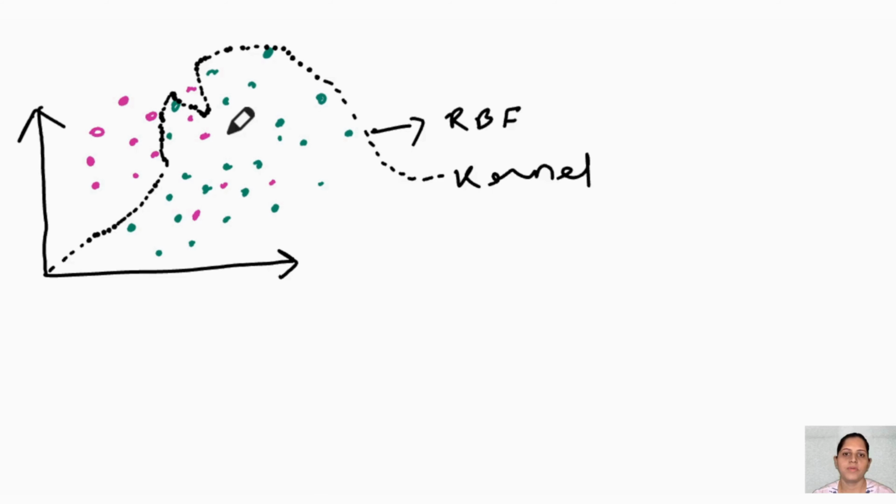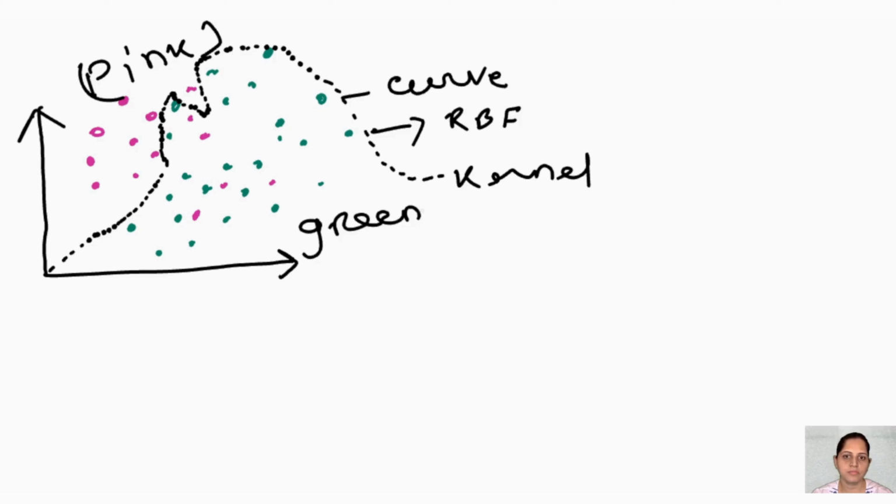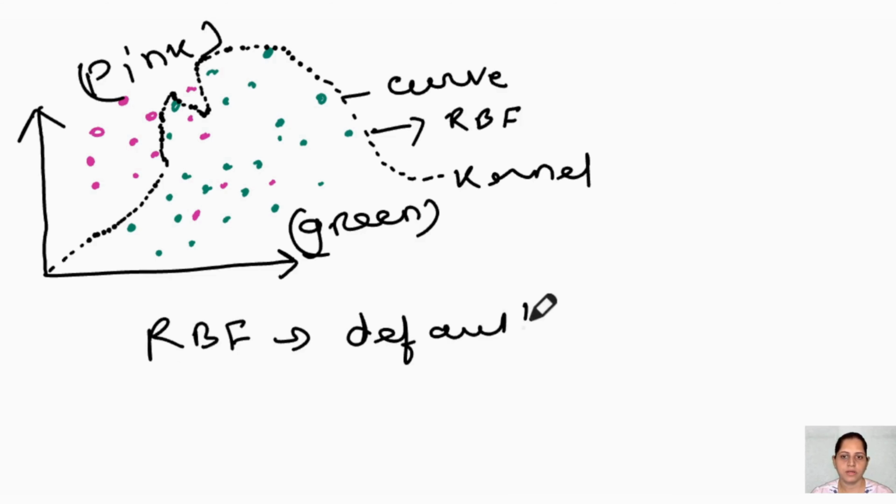With this, you can see the curve which I am getting is smoother, and this separates my two classes, right? This is my pink class, pink points, and this is my green class. So this is how I am able to get my RBF kernel, and RBF kernel is my default kernel in case of SVM, support vector machine.